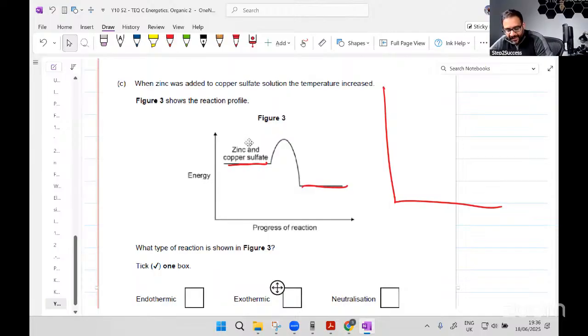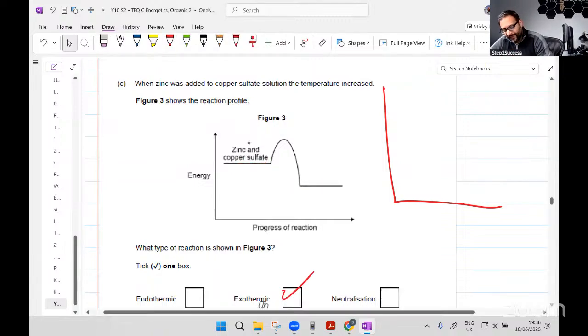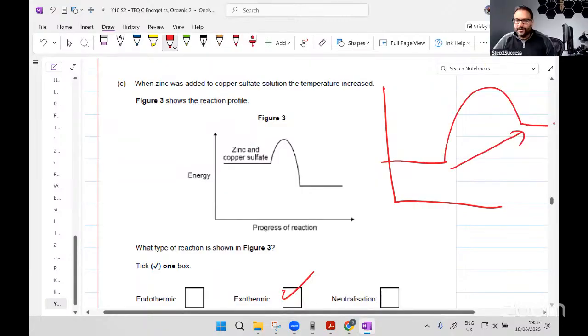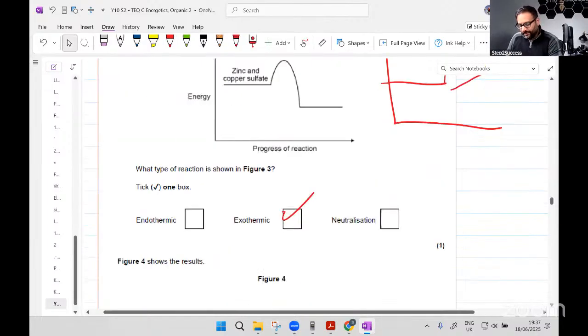If the second line is lower than the first line, it means that we have lost energy. Energy goes down in an exothermic reaction, as in we lose it to the surroundings. Whereas if it's like this, then that's an endothermic reaction because we have gained energy. Energy has been taken in from the surroundings.